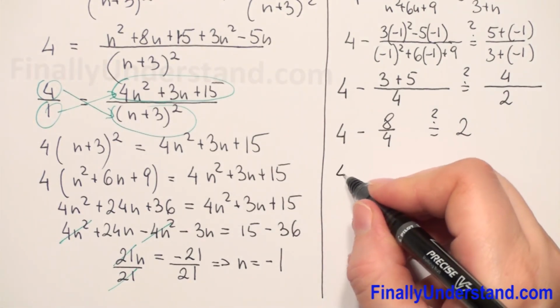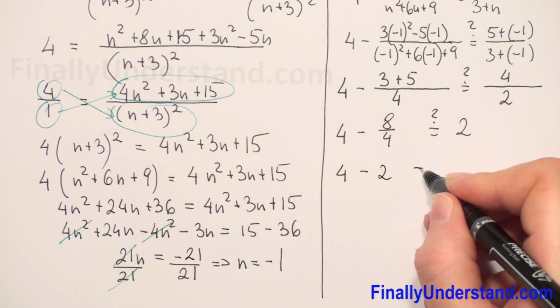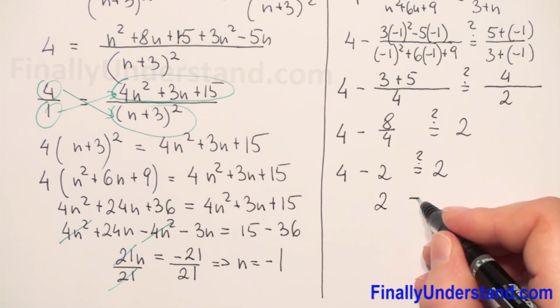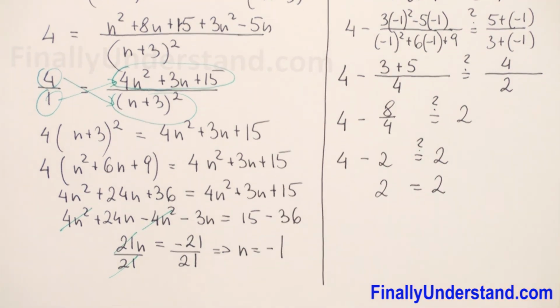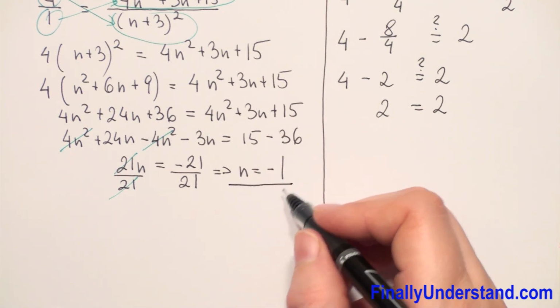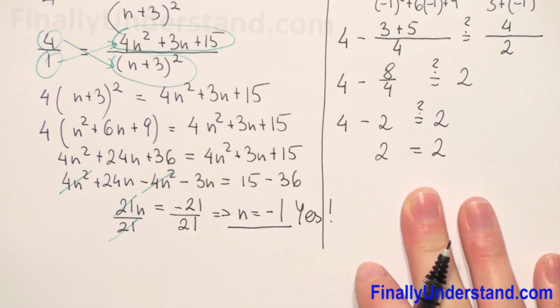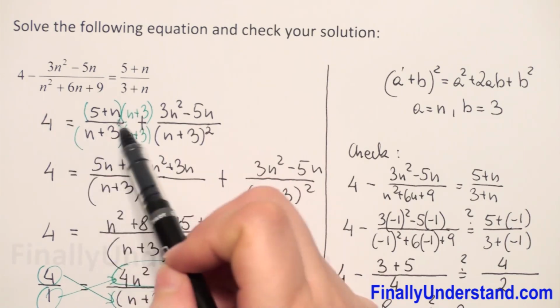So we have 4 minus 8 divided by 4 is 2. Should be equal to 4 minus 2 is 2. The left side is equal to the right side. What does it mean? That n equals negative 1 is a solution for our fractional equation.